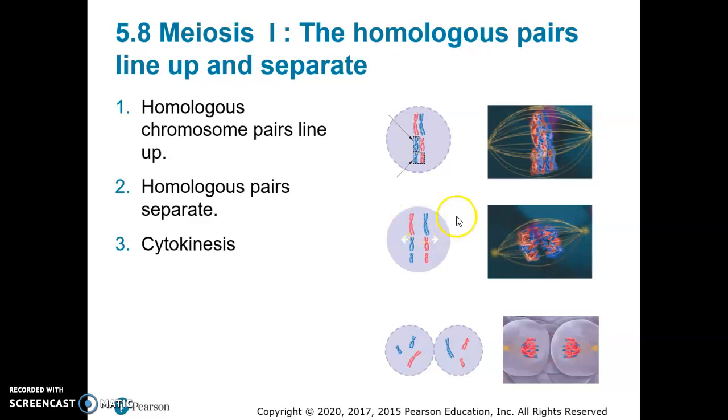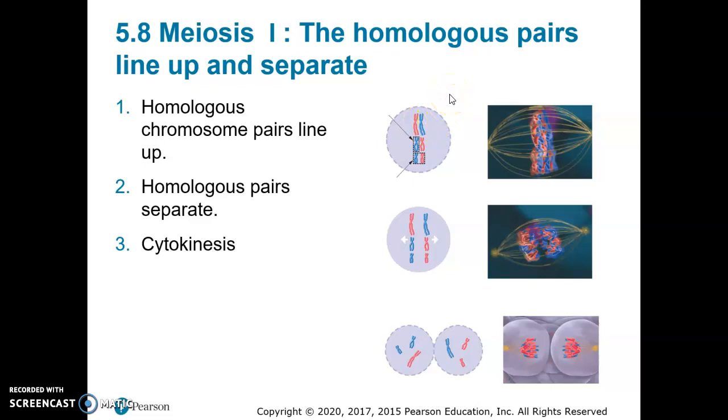Compare that to mitosis. So I put that worksheet in there for you to do a comparison of mitosis versus meiosis. And these are the critical steps that you really want to pay attention to, because in meiosis, in metaphase 1, the homologous pairs are side by side.